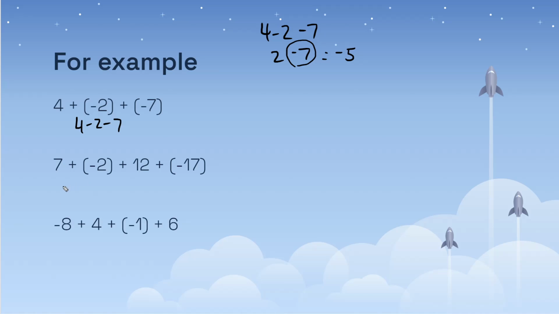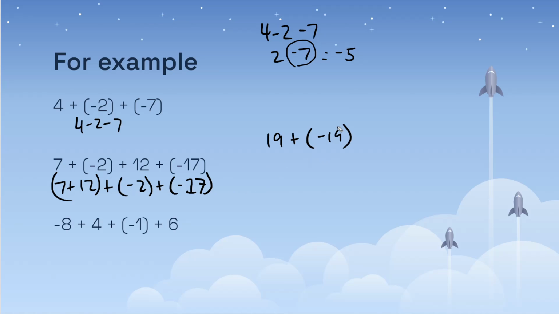We can commute these two and then commute these two. Okay, so 7 plus 12 is 19. And then we're going to add a negative 19 because negative 2 and negative 17 equals negative 19.